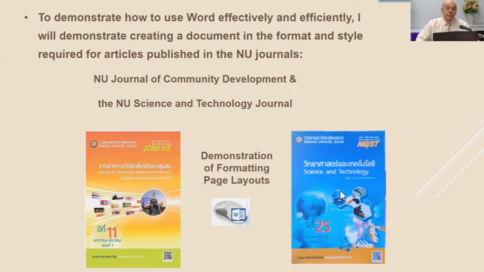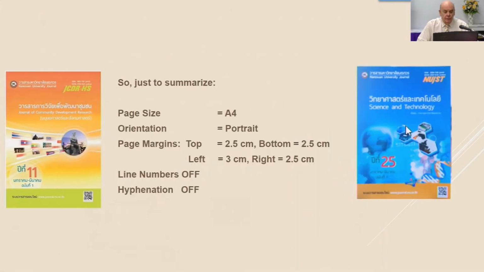And I have just demonstrated how to do it for the NU Journal of Community Development and the NU Science and Technology Journal. And just to summarise, page size is A4, orientation is portrait, page margins, top, bottom 2.5 centimetres, left 3 centimetres and right 2.5 centimetres, with line numbers off and hyphenation off.